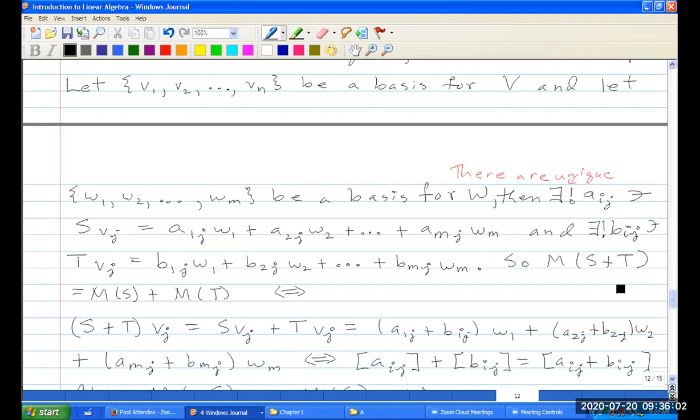We must have that (S plus T)(Vj) is equal to, well, it's a linear transformation, and so S(Vj) plus T(Vj), which is, I should have written it this way.